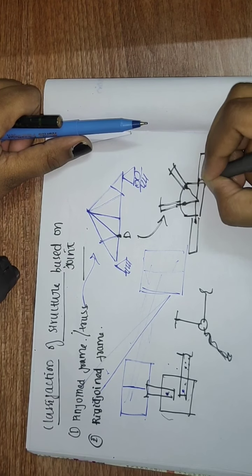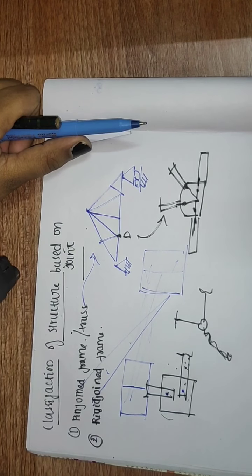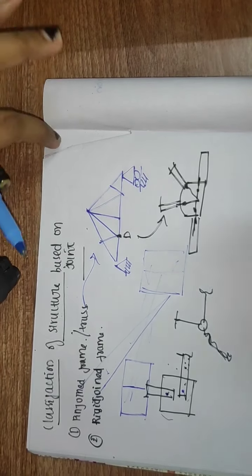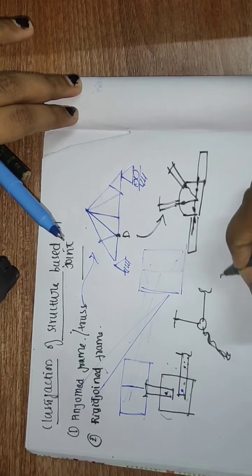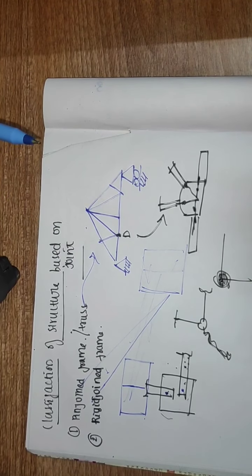What is happening in the spin joint is, if I apply this force on this one member, only that member can rotate.